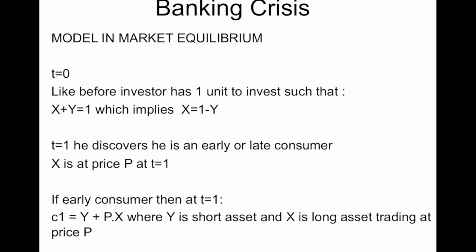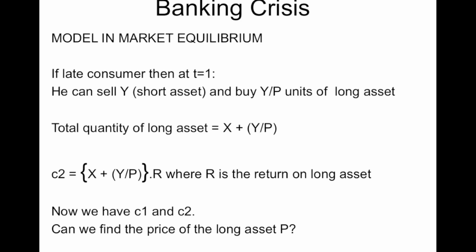So at C1, his consumption is going to be his short asset, which just stays for one time period, plus P, the price of the long asset, times X, the unit of long asset. This is what he will have to consume at t is equal to 1 if he's an early consumer.